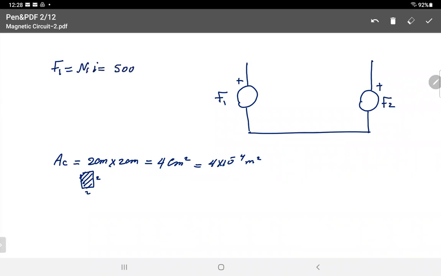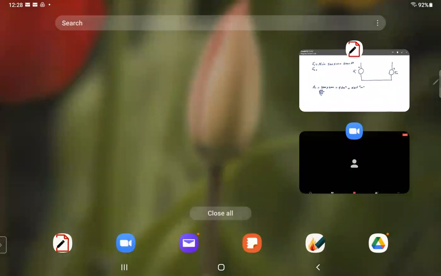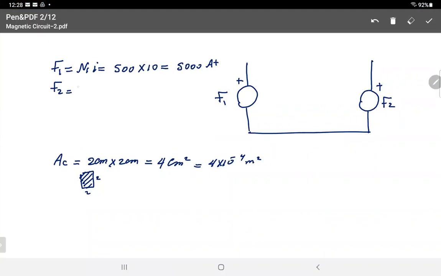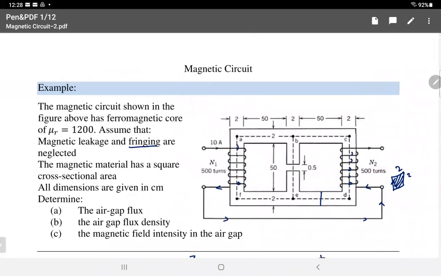We have 500 turns and we have 10 amps, that's 5,000 ampere turns. The magnetomotive force of the second one is equal to N2 times I2, but I1 and I2 are equal because I just proved it, it's the same circuit. So you have 500 times 10, which is equal to 5,000 ampere turns. Let's now go back here.